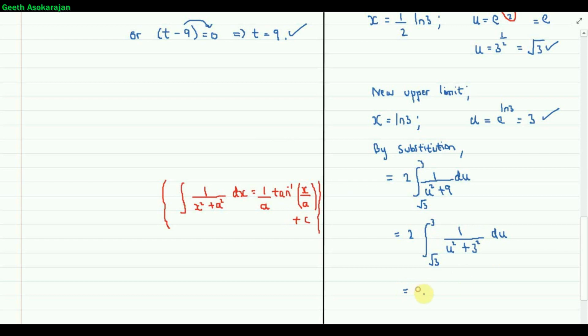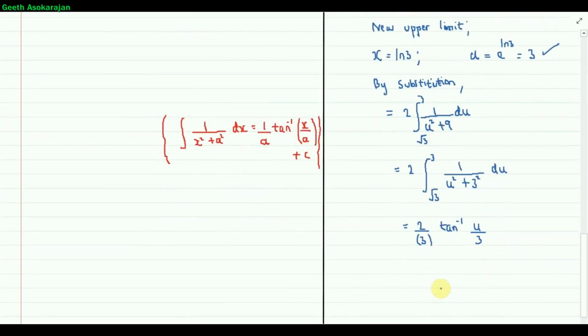Keeping the 2 outside, here's my 2 copied down. Applying this result, we'll have 2 over our a term, which by comparison is 3, so it's 2 over 3, tan inverse. x is u, so we're integrating with respect to u, so x is u divided by the a term, which by comparison again is 3, so it's tan inverse of u over 3.